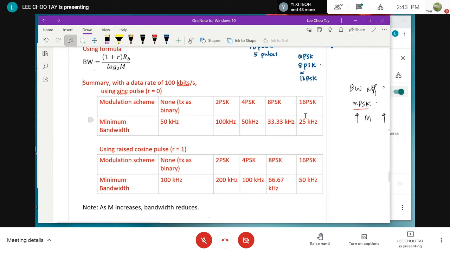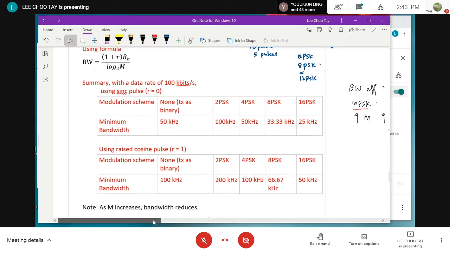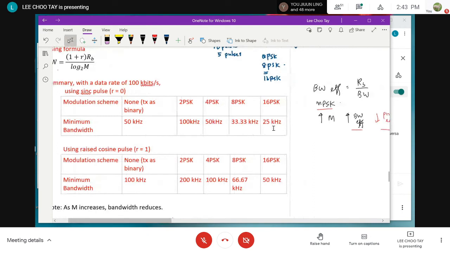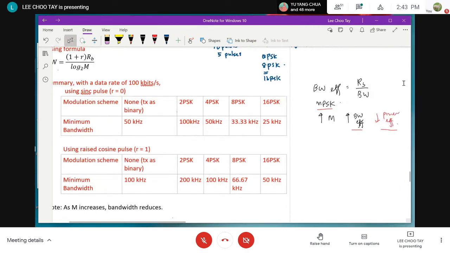So you can see, as far as the bandwidth requirement is concerned, when you increase your M, the bandwidth requirement reduces. And with the reduction in bandwidth requirement, your bandwidth efficiency actually increases.